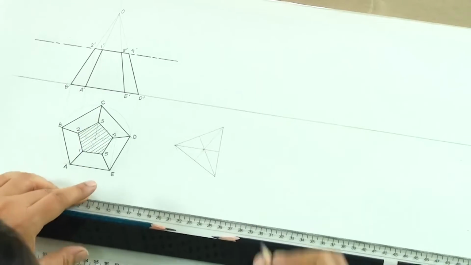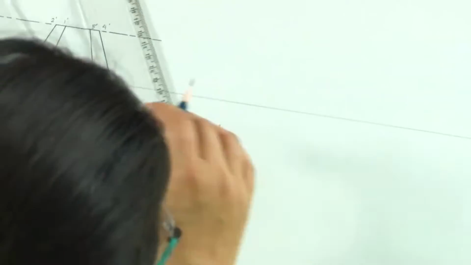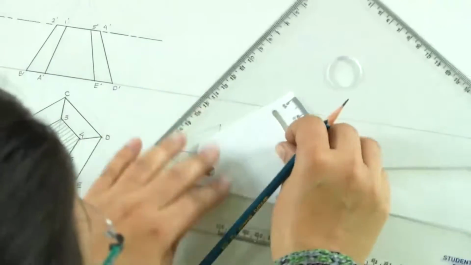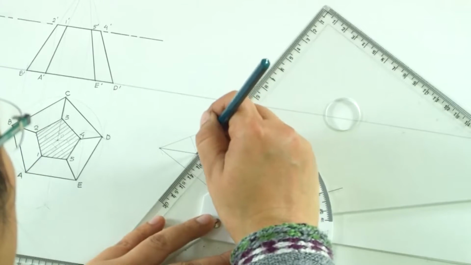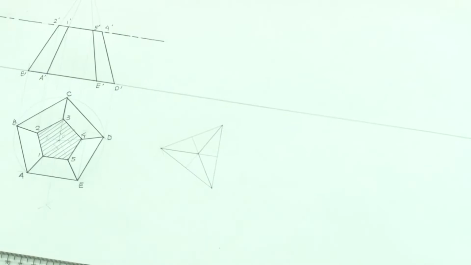This is the apex and these are the edges joining the apex with the sides. So, this is the original position in which we are assuming.